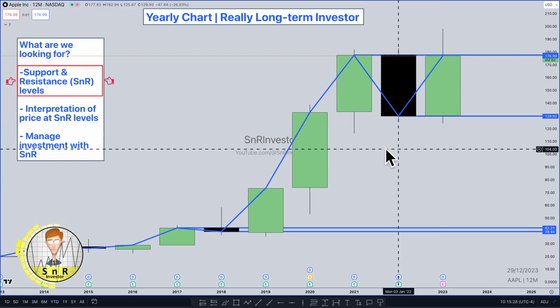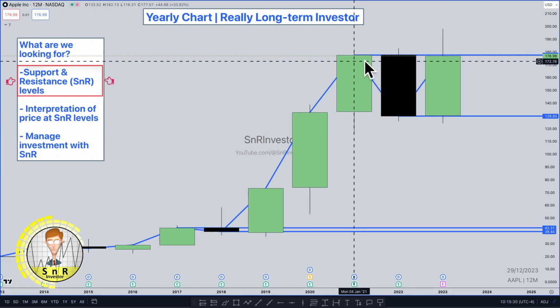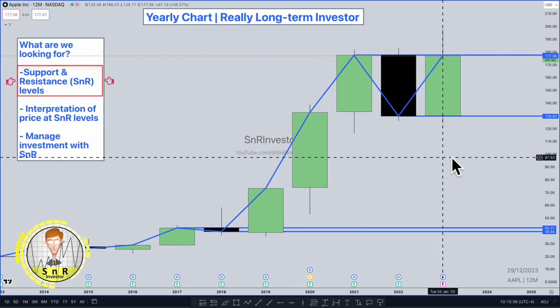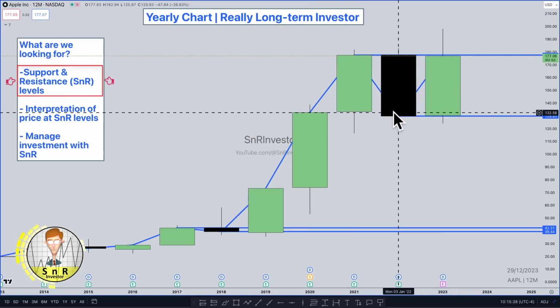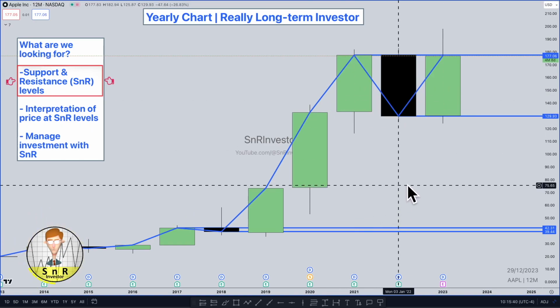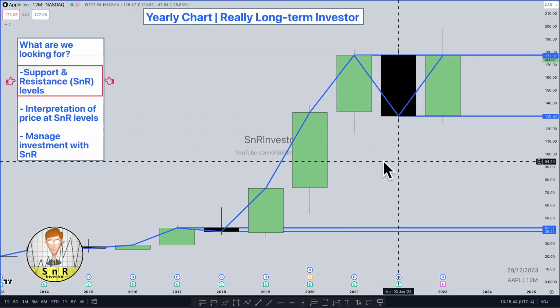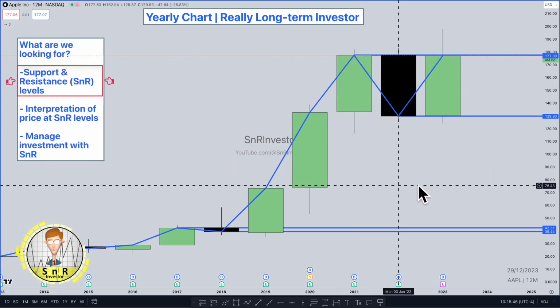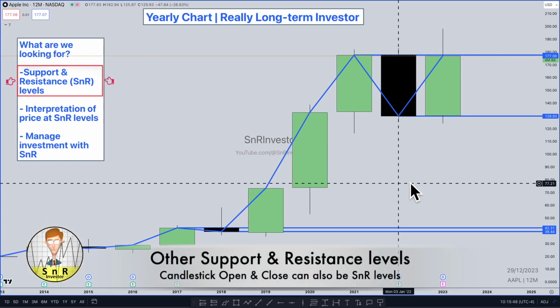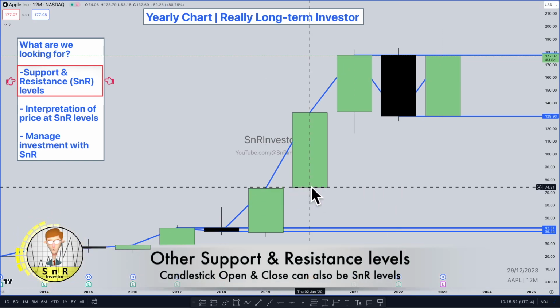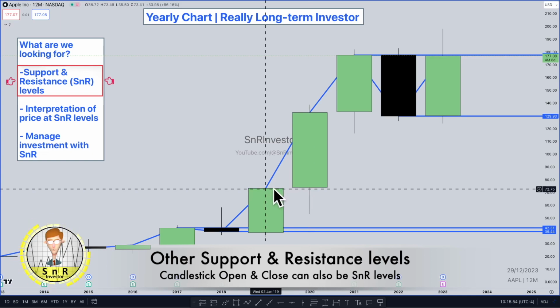So as we look for support and resistance, a quick recap will be we are looking for a very clear V on the line chart for support and a clear A for resistance. So other minor support and resistance levels that we can look at is also the open and close of the candle as support and resistance levels as well.